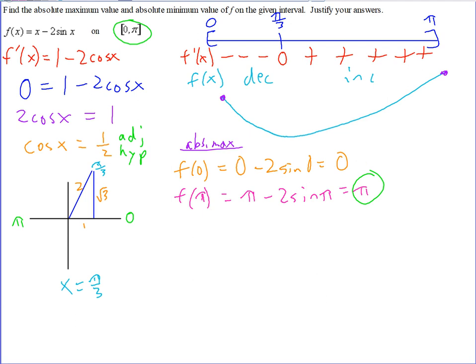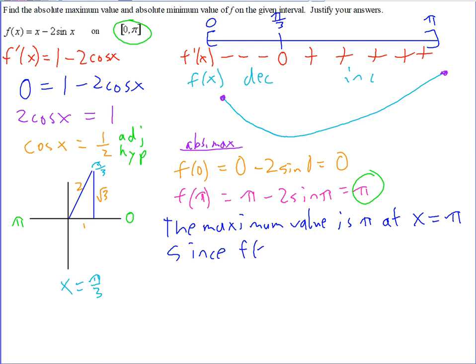So we can take that one first. Maximum value is pi, and it occurs at x equals pi. And then to justify it, since f of pi is larger than f of 0.